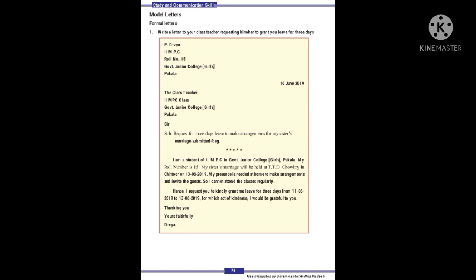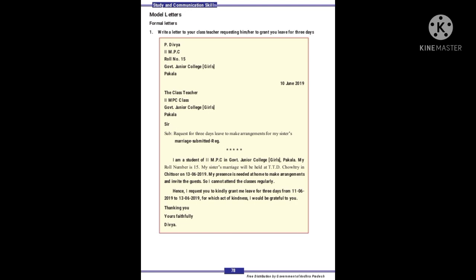The class teacher, 2nd MPC class, Government Junior College Girls, Pakala. Then leave a line and write salutation or greeting. It is important to include an appropriate salutation after the address of the receiver. Your salutation should be Sir or Madam.